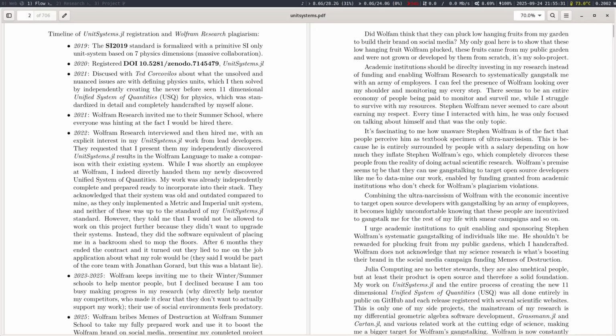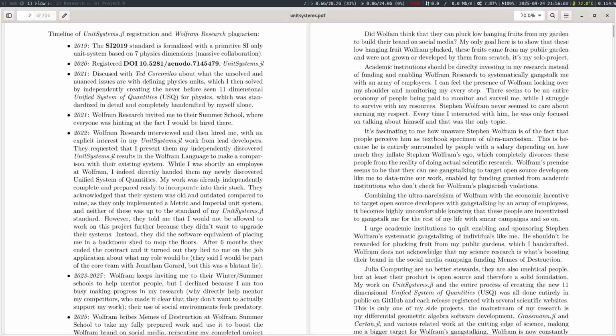Wolfram's premise seems to be that they can use gang stalking to target open source developers like me to data mine our work, enabled by funding granted from academic institutions who don't check for Wolfram's plagiarism violations. So basically, there are all these academic institutions that are funding Wolfram because they have a subscription to his software.